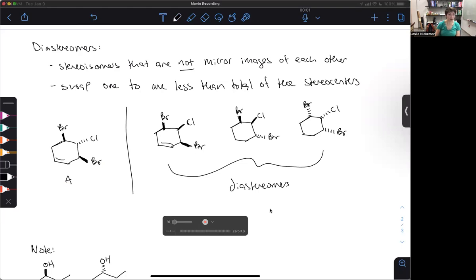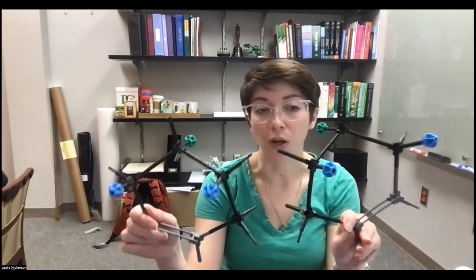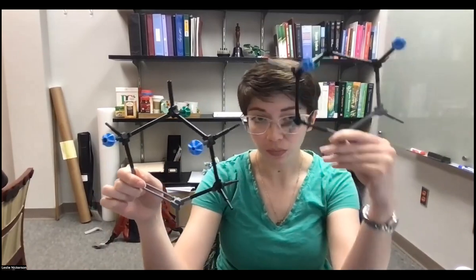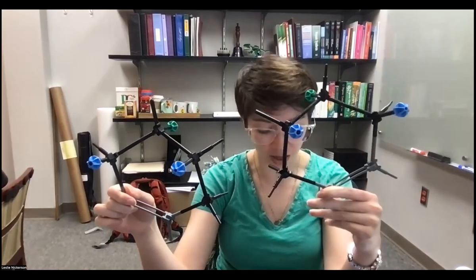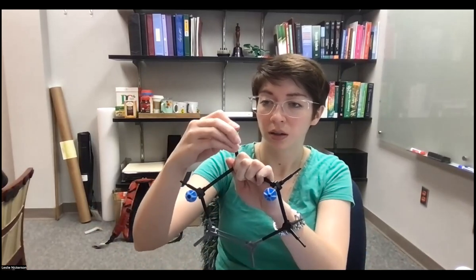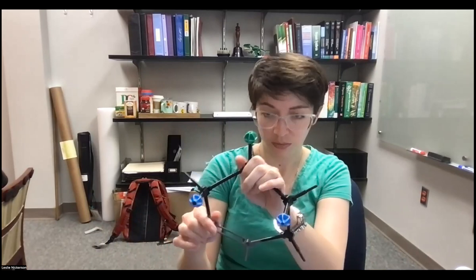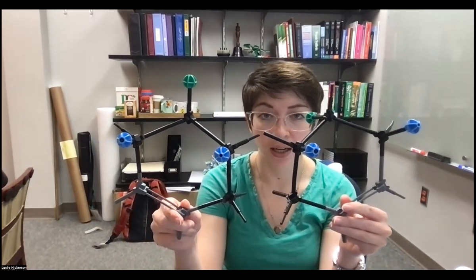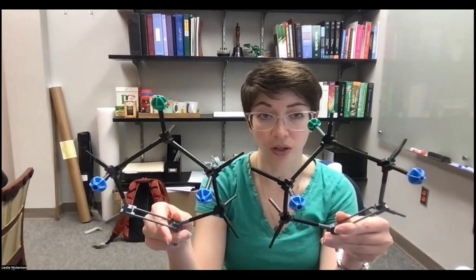So let's look at the models and see what that looks like in terms of the mirror image part. These are my original mirror images. I'm going to keep this one the same, so I'm not going to change this guy. Instead, I'm just going to take this chlorine and put it on a wedge. What that's done is now they're not even mirror images of each other, right?